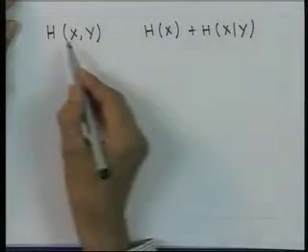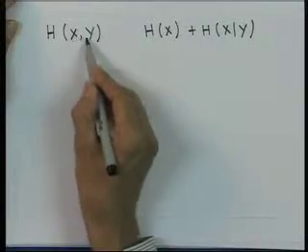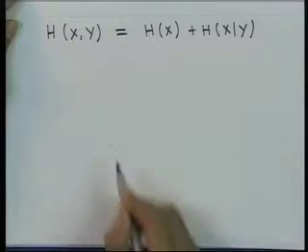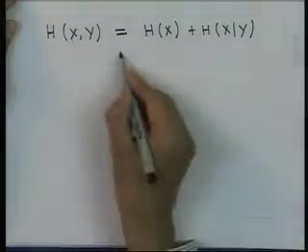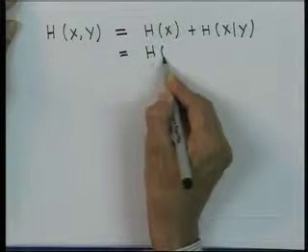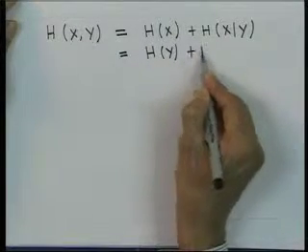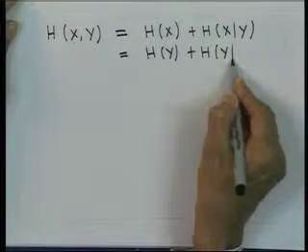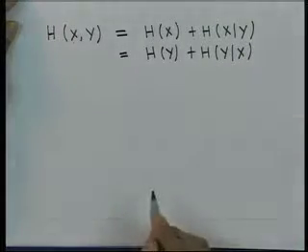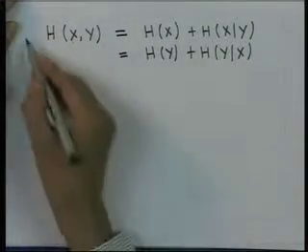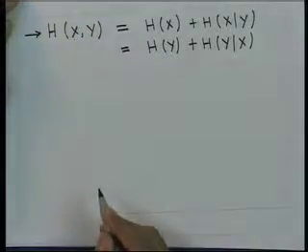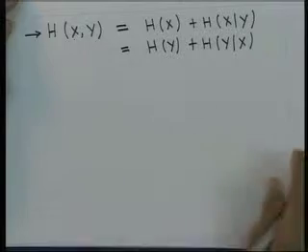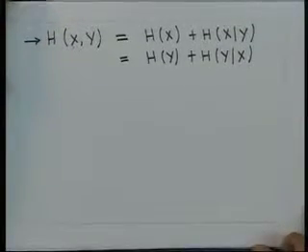We will show very shortly that h of x y is equal to h of x plus h of y given x, or I can also write this as h of y plus h of x given y. So, this is another important relationship which we will be using during the course of our lecture today.